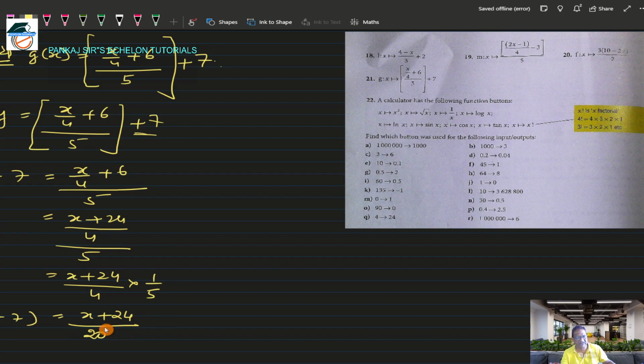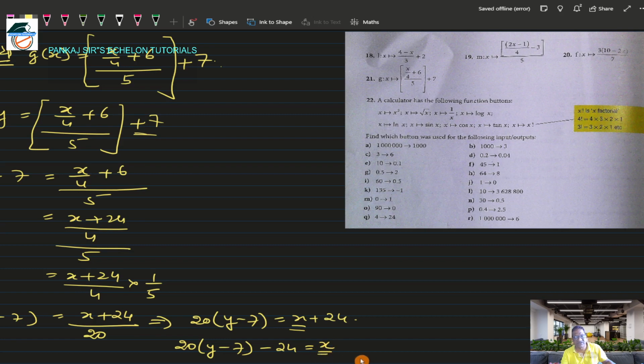So far we have reached here. Now let us take this 20 over here. So this will lead to 20 times y minus 7 is equal to x plus 24. I want to make this x the subject. So 20 times y minus 7, minus 24 will be equal to x.